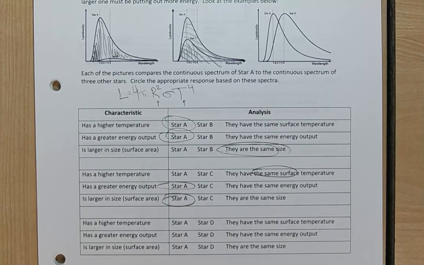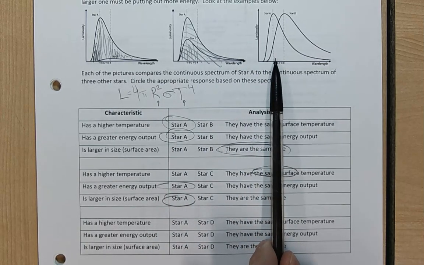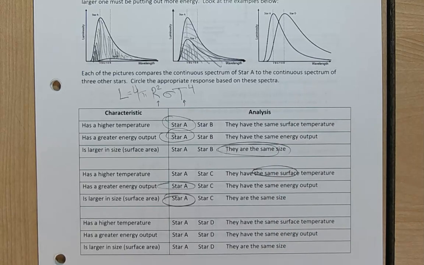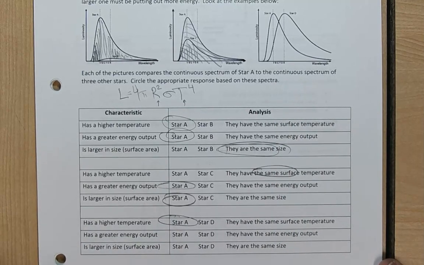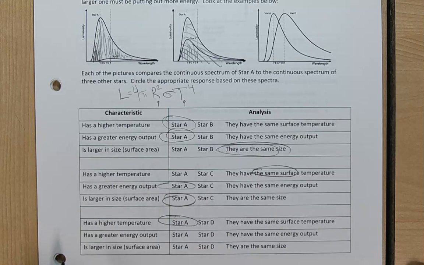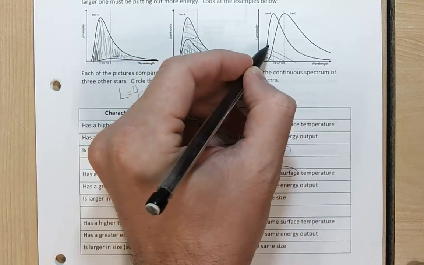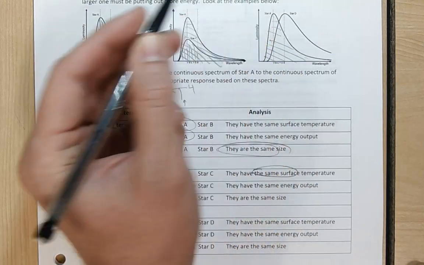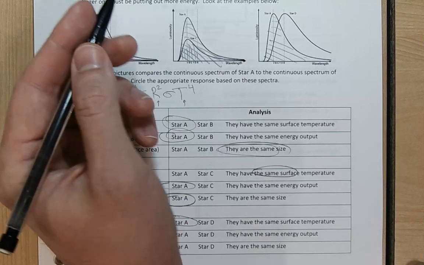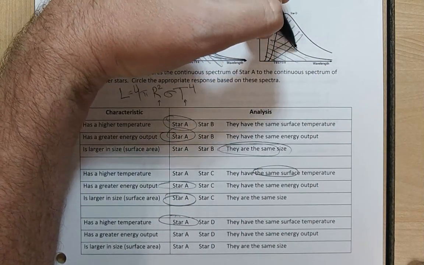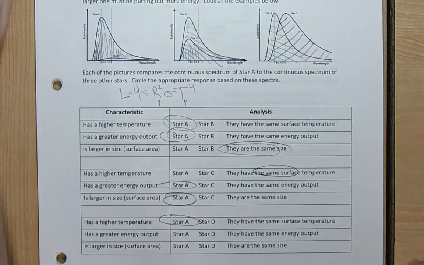Okay, between A and D here, which one has the higher temperature? Well, A peaks in the violet, D peaks in the red, so which one's hotter? Gotta be A. Which one has the greater energy output? Well, look at the area under the curve, right? Star A has this area under the curve, and star D, I'll try to go in a different direction here, star D has this whole area under the curve.